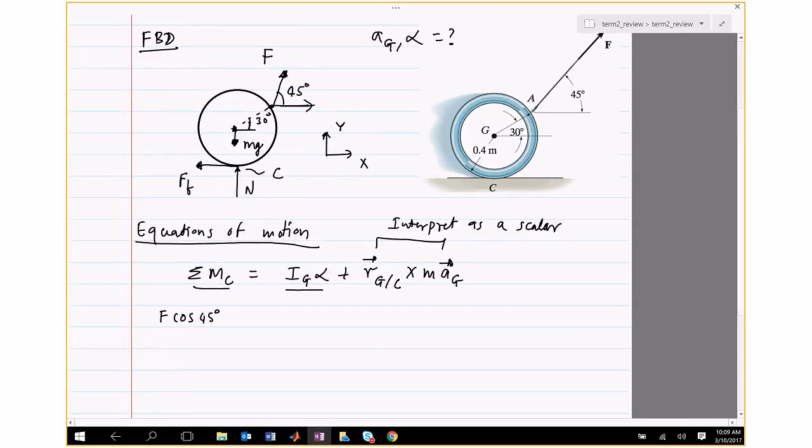So what I need to do then is find the distance from C all the way to the point where F is applied, and I want the y distance, because when I find the moment, I need the force times the perpendicular distance to the point C. So this distance.